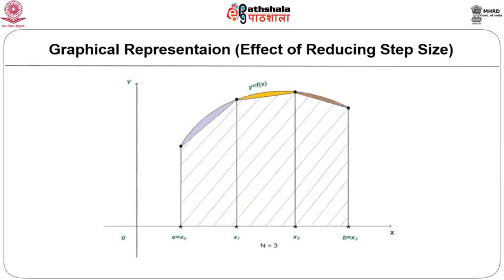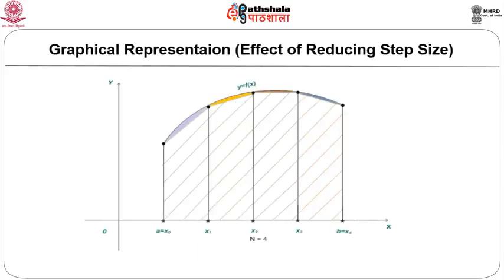Look at the next figure. In this case n is equal to 3, the number of divisions, strips, has become 3, the width of the strips has become further smaller, (b minus a) by 3 this time, and so again the discarded areas, or the error, has further reduced.